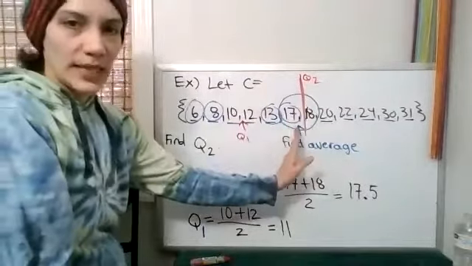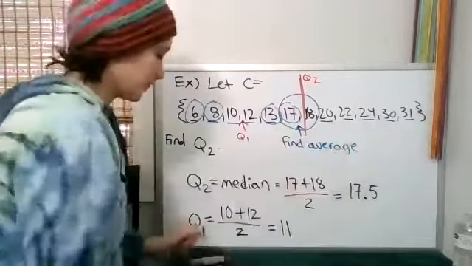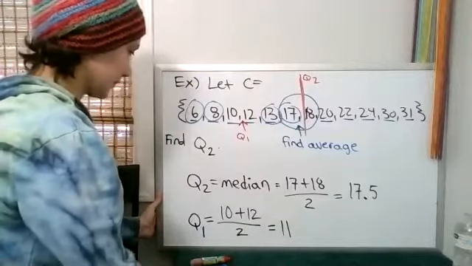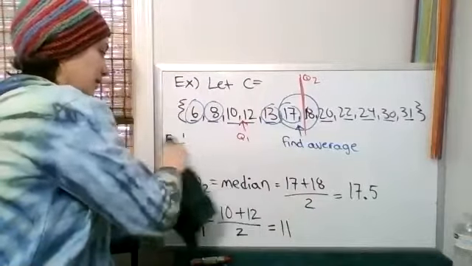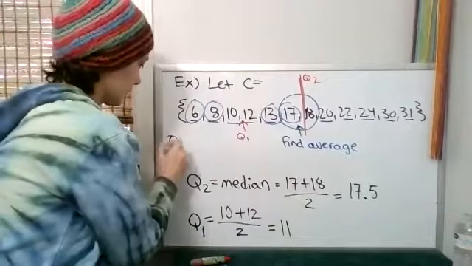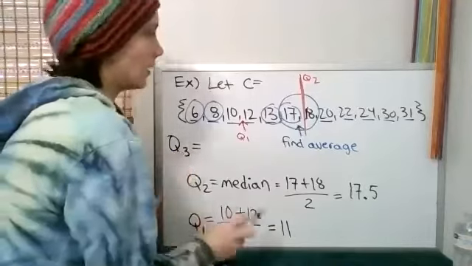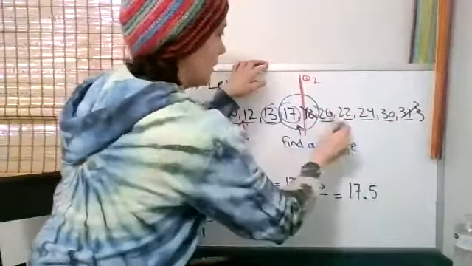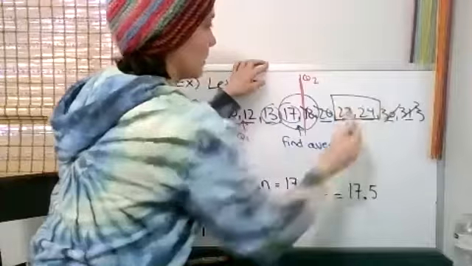So between 18 and 31, we'll find the middle, and that's Q3. Let's try this another way, with two numbers in the middle, where we take the average of those numbers.